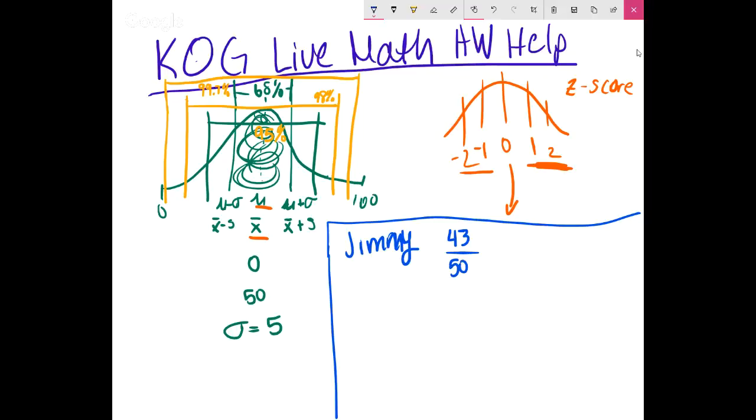So that means that the total amount of questions on the test, let me just label it right now, total questions, and this is the number of questions he got right, or that were correct. All right, cool. So Jimmy got a 43 out of 50. Not that bad. Just got 7 wrong out of 50. I know he was in there for a long time taking that test.